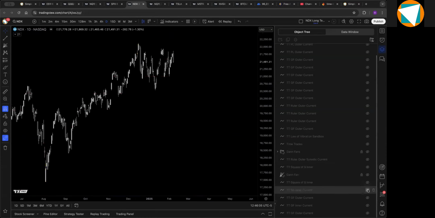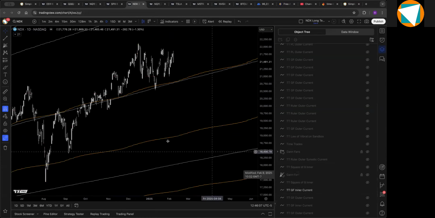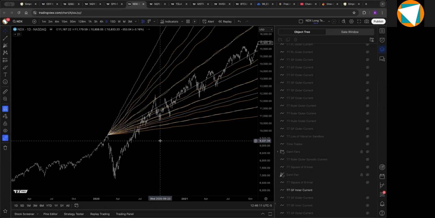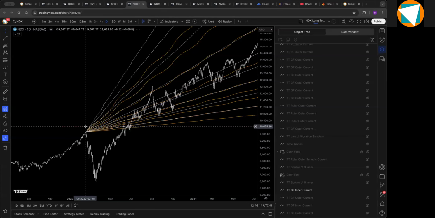All right, so let's go through these Gann fans, and I'm going to walk through how these Gann fans are created, starting with the pre-COVID high.